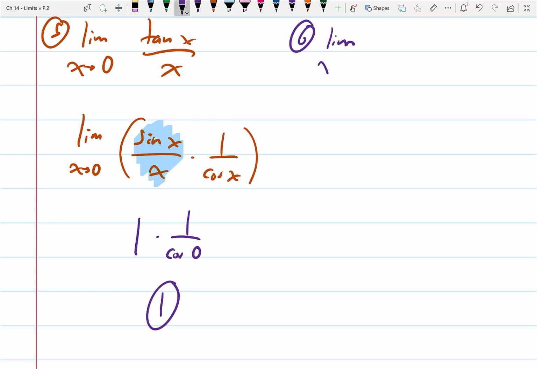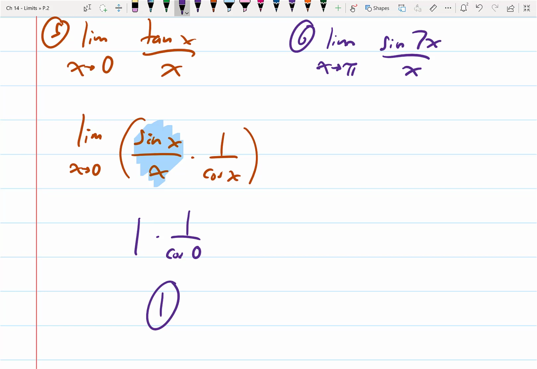Limit as x approaches pi of the sine of 7x over x. What's this equal to? If this were x approaching 0, which it is not, I'd be looking for that sine x over x. But x is approaching pi. Go back and try direct substitution.